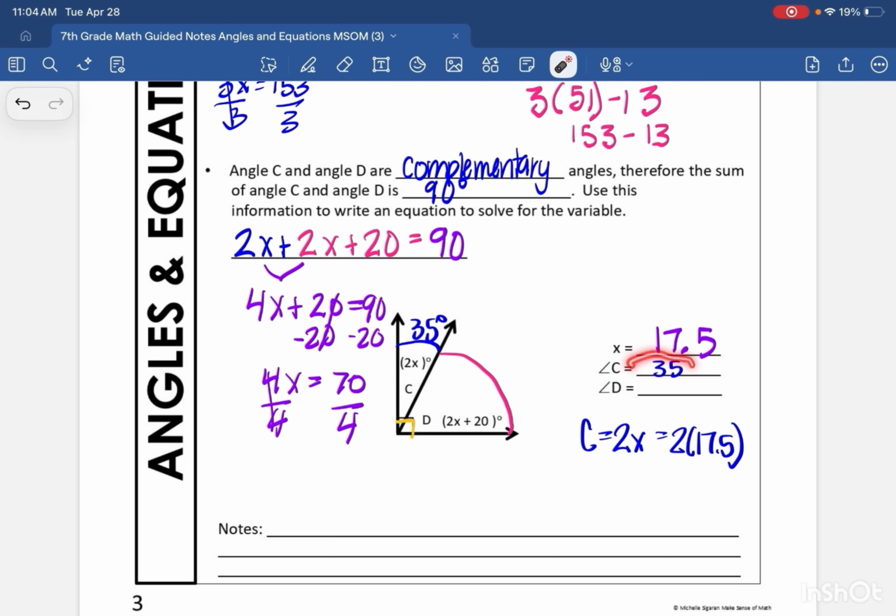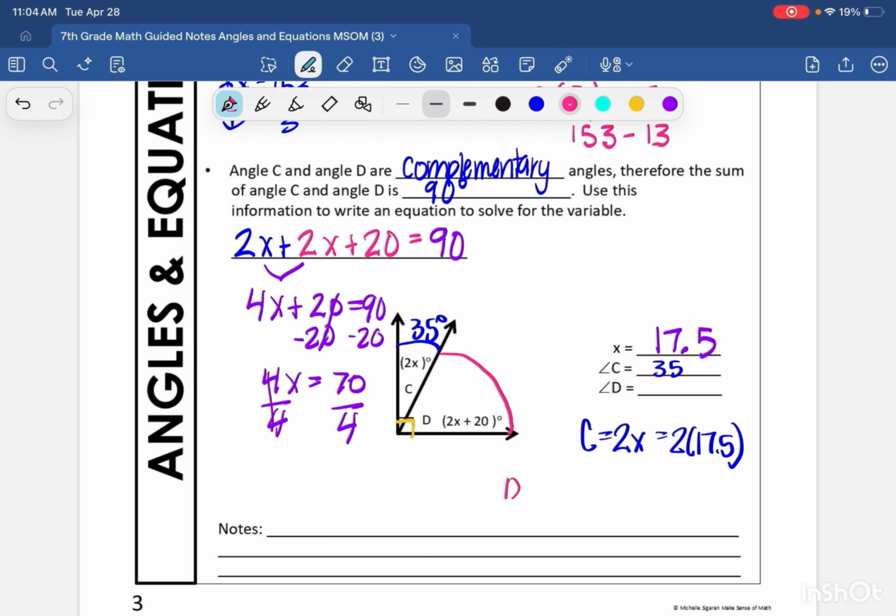So C is 35, plug that into here. So I have angle D is 2x plus 20, which is 2 times 17.5 plus 20. Well, 2 times 17.5 is 35, plus 20, so that has to equal 55. And does 35 plus 55 equal 90? Yeah, so I did it correctly.